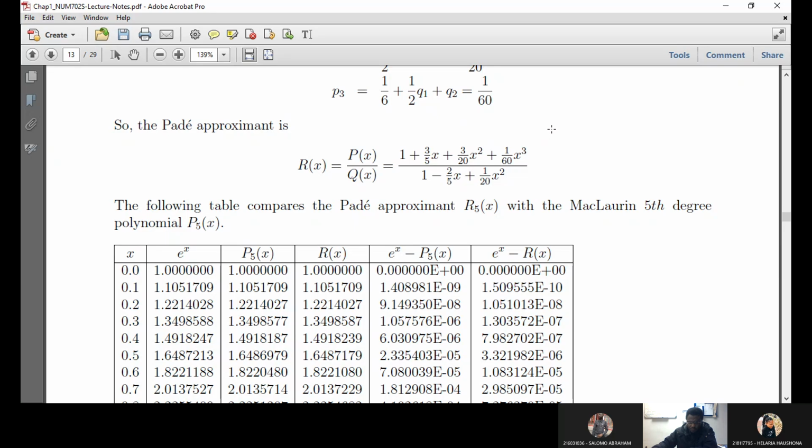So for this one, theoretically, I just assume that this is a third degree polynomial and this is a second degree polynomial, and then I count the number of multiplications and additions.